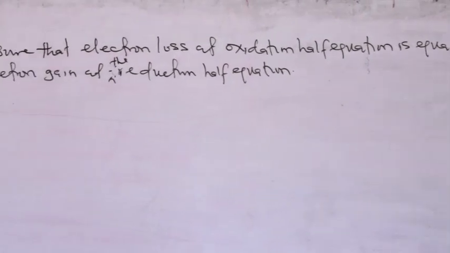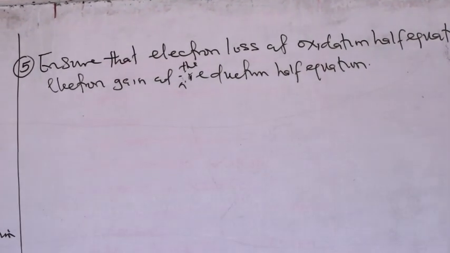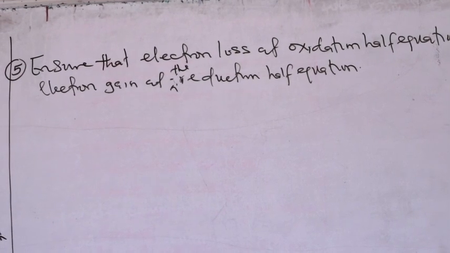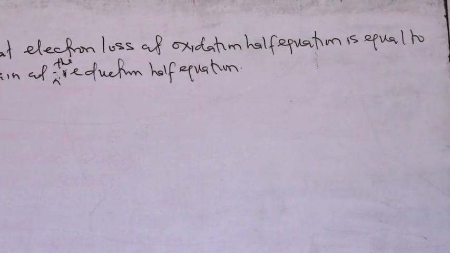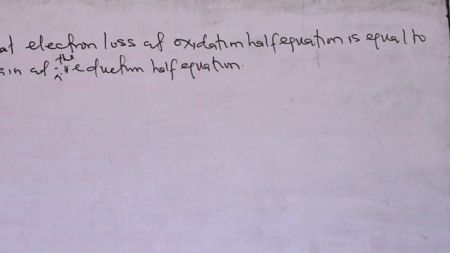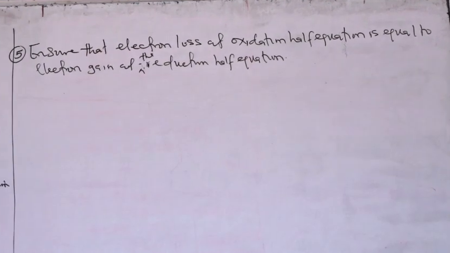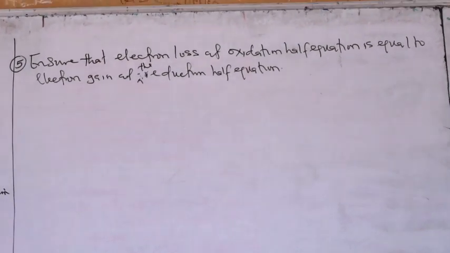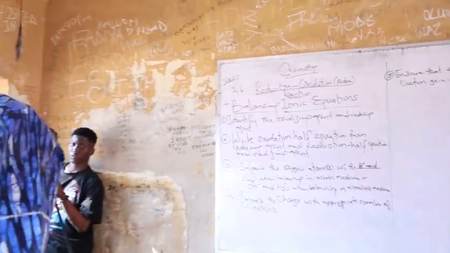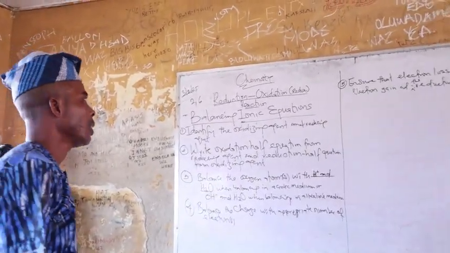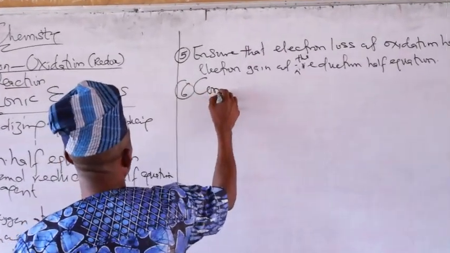You know, electron loss must be equal to electron gain. If you have 5 electron loss in oxidation, you have 3 gain at the reduction. Will it be like that? So what you do is that you multiply so as to make the number of electron loss equal to the number of electron gain.